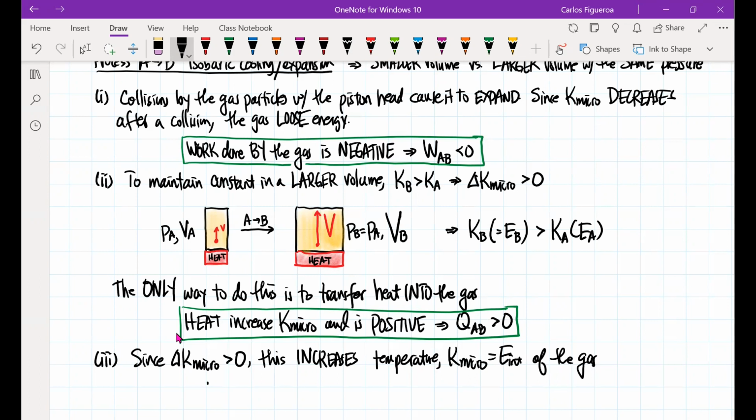So therefore, the change in internal energy is positive. In other words, that tells me that the change in internal energy from A to B is greater than 0.